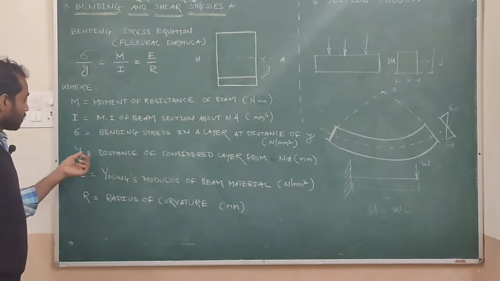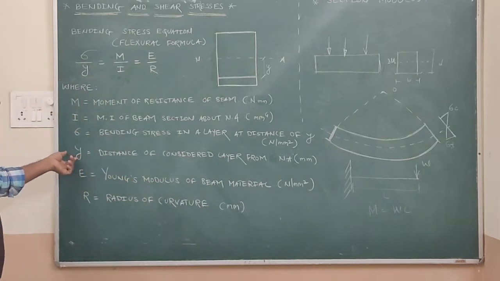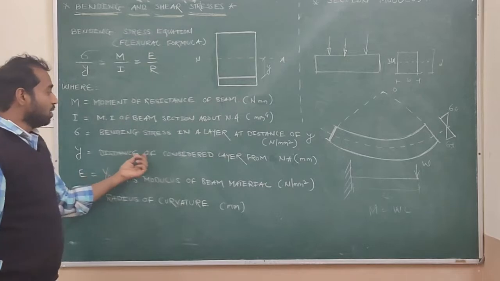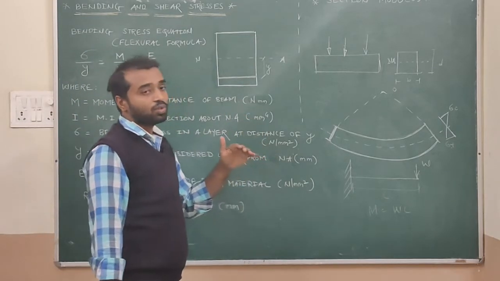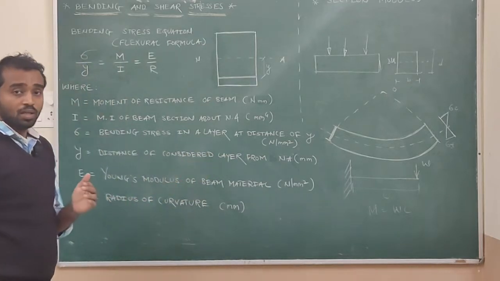The next one is the most important term, that is y. y is the distance of the considered layer from the neutral axis. It is the axis at which you need to find out the value of stresses.